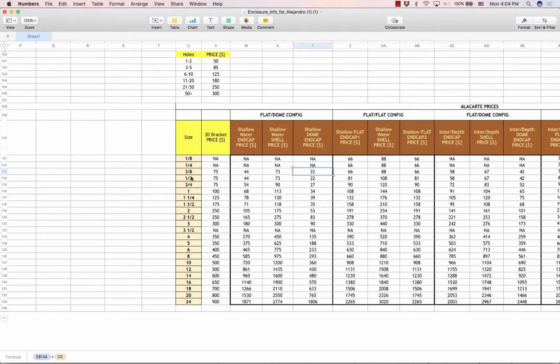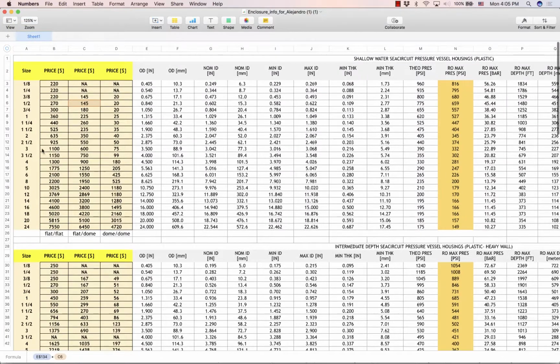Let me see, the 1.5. If they select the shallow water product with the flat dome configuration, meaning one end cap is flat and the second one is dome, it's $44 from the end cap that's flat, plus $73 for the shell, plus $22 for the end cap that's dome, $139. Same thing here, says 145. It's a small difference, $6.